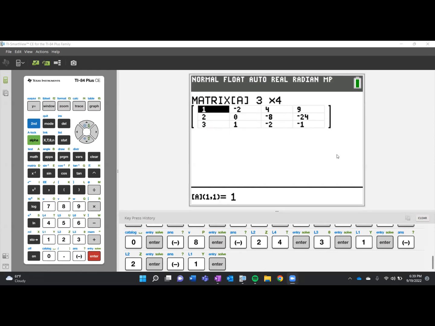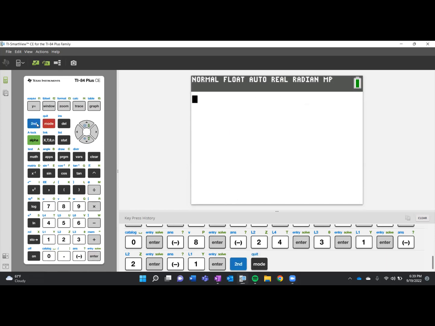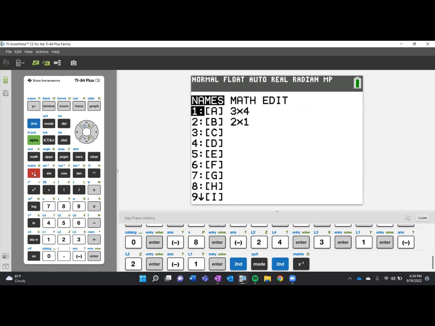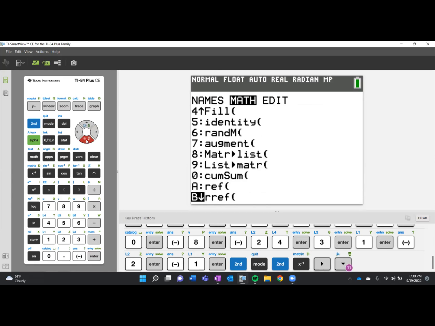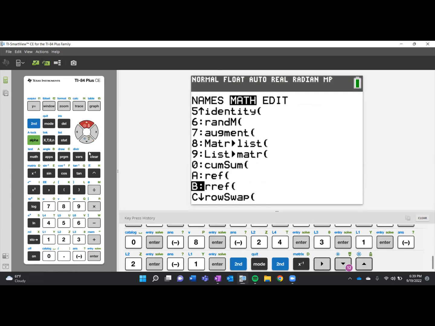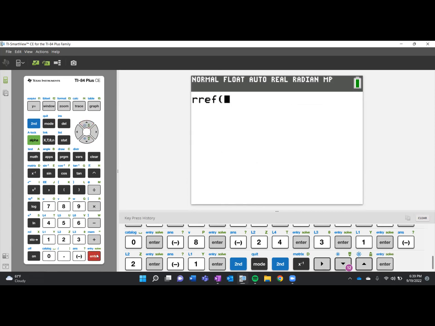So once you create your matrix, which in my case is matrix A, I'm going to go ahead and click second, quit, and I'm going to go back to second matrix. You're going to scroll over to where it says math. And you're going to scroll all the way down until you find RREF, which is letter B. Go ahead and click that.